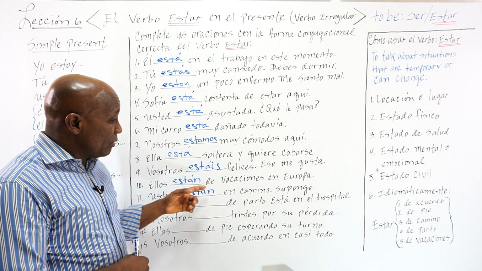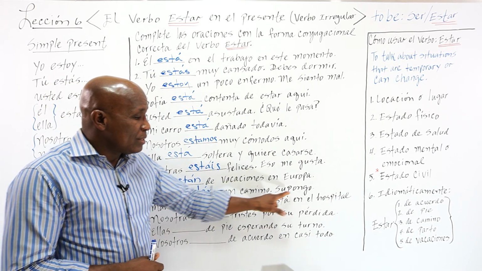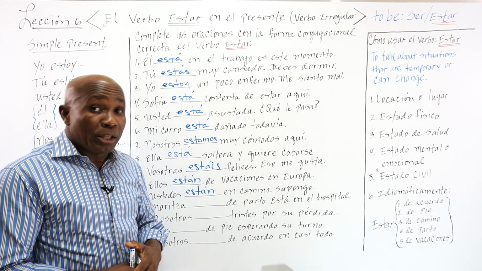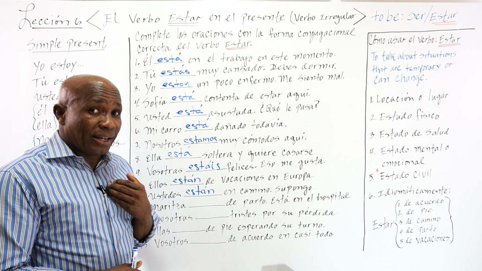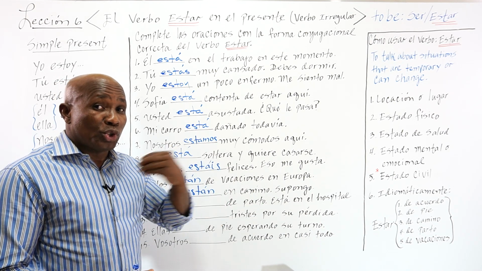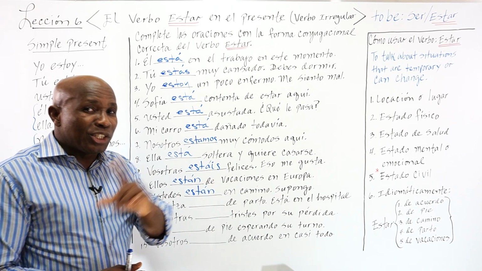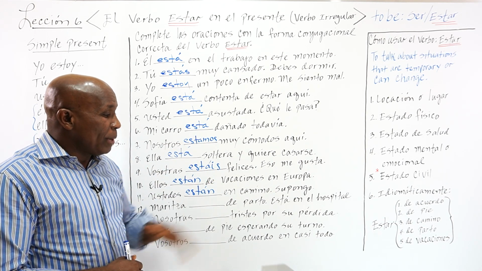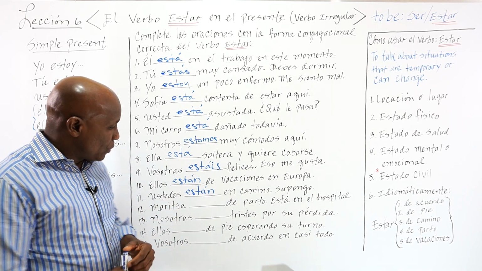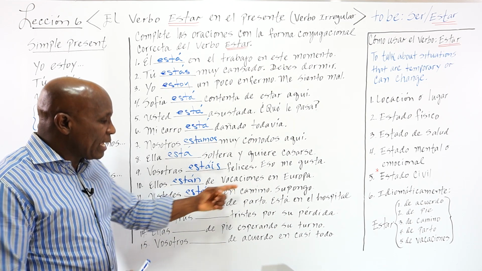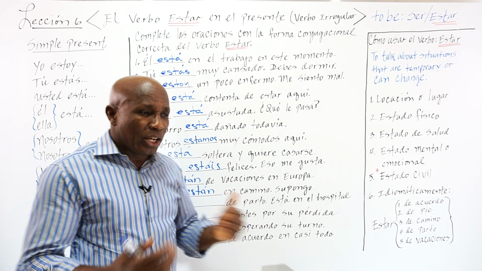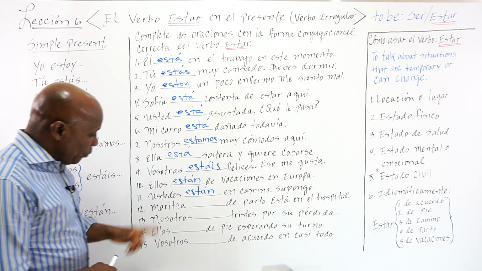For example, when I say supongo, I am omitting the pronoun I. I can say, yo supongo. But in English, it is not possible to do that. But in Spanish, we can. Supongo, I suppose, right? Yo supongo. I can omit I in that case.